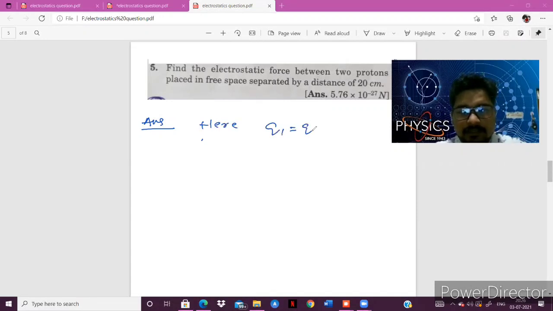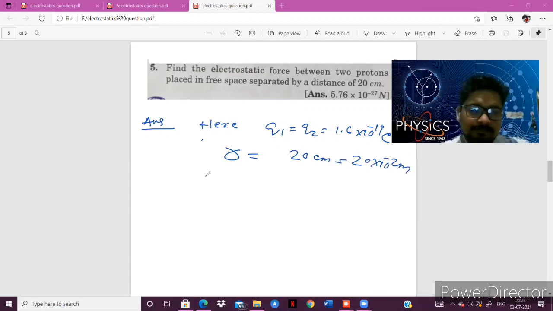Here Q1 is equal to Q2, and that value is 1.6 into 10 to the power minus 19 coulomb, because the two protons have the same charge. The separation between the two charges is 20 centimeter, that means 20 into 10 to the power minus 2 meter. According to Coulomb's law, F equal to 1 by 4 pi epsilon 0 Q1 Q2 by r square.